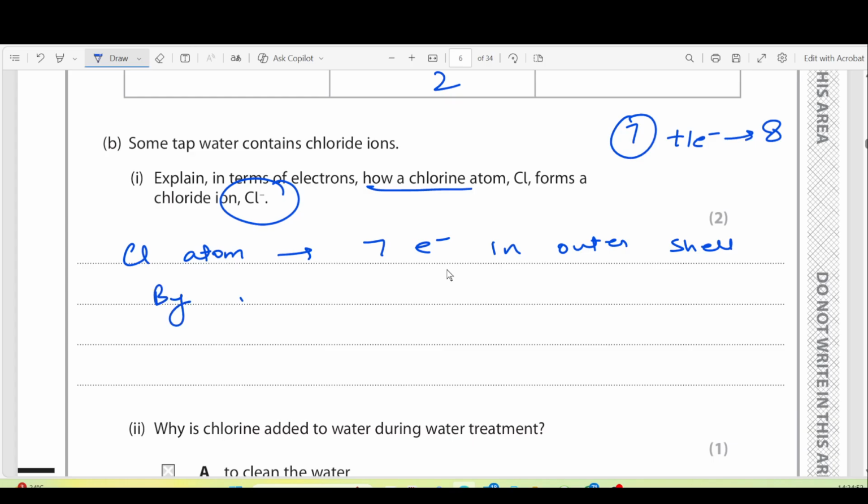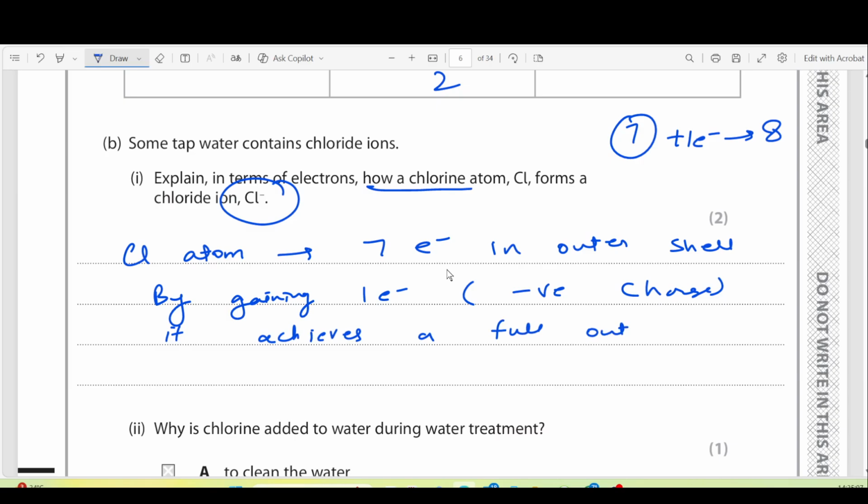So by gaining one electron, which is negatively charged, it achieves a full outer shell and becomes stable.